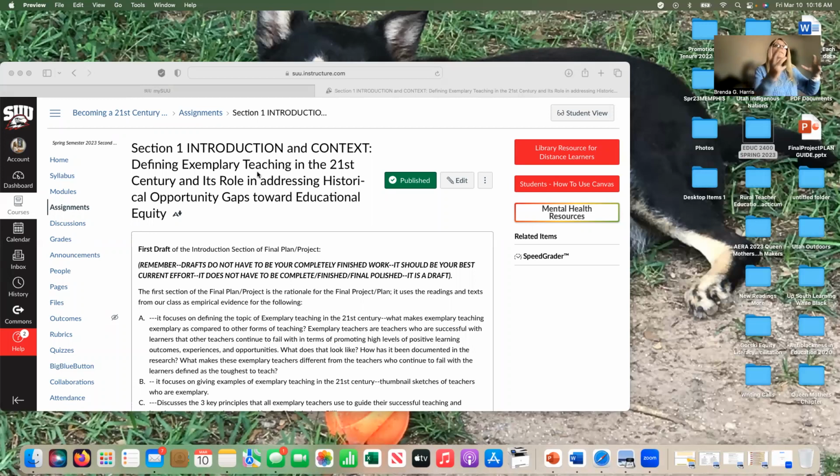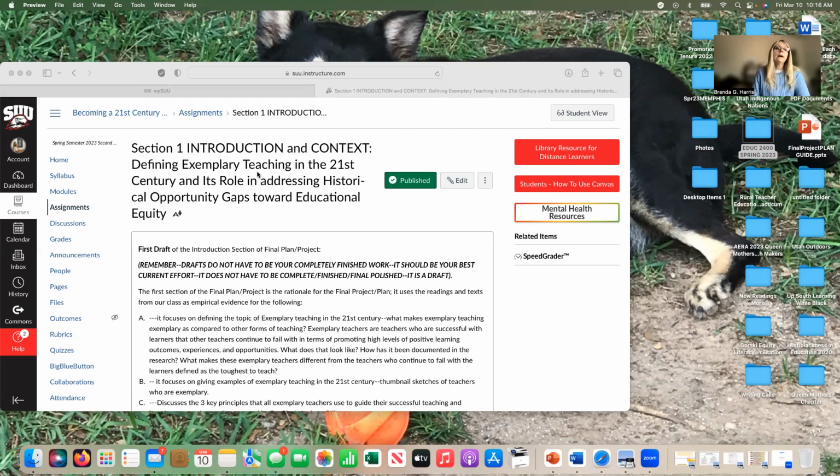And then how is that exemplary teaching in the 21st century? How does it function? How is it expected to function to address these historical inequities and opportunity gaps, to promote the actual purpose of education? Public education is to foster the full inclusion and development of every citizen, right? So how does exemplary teaching in the 21st century foster that?